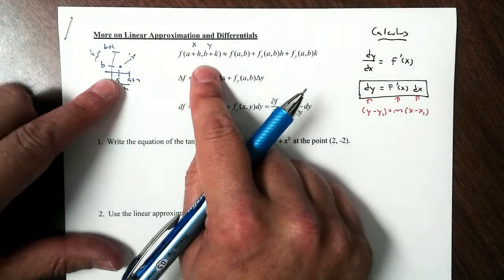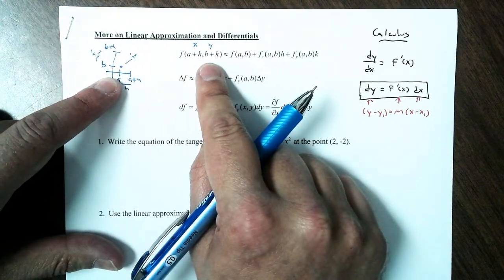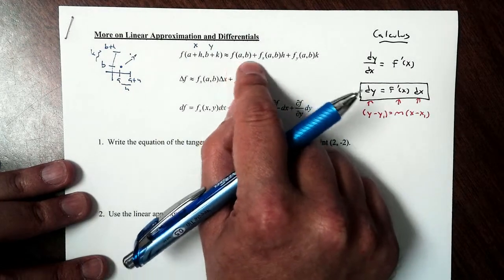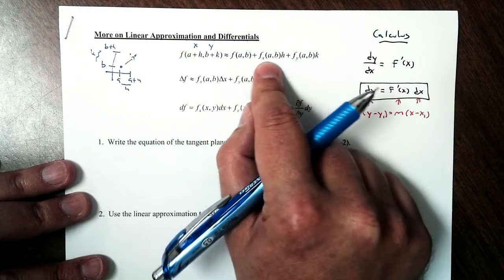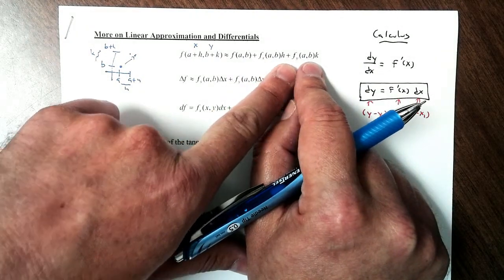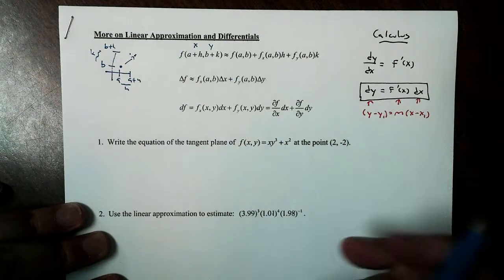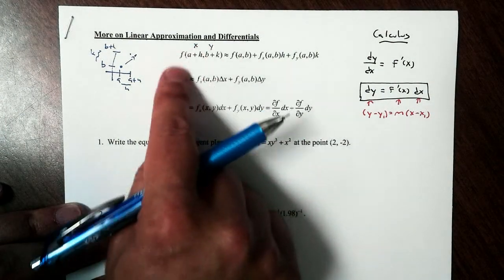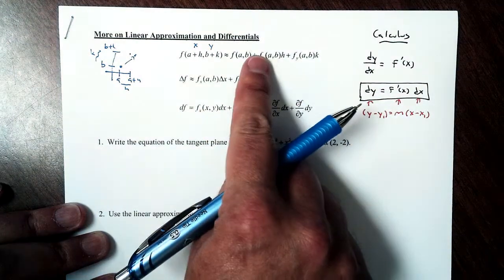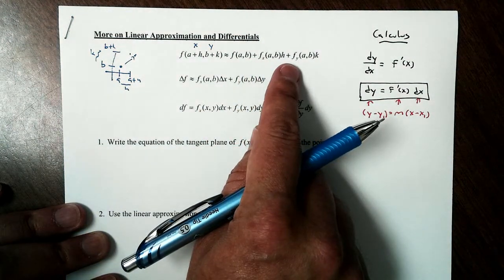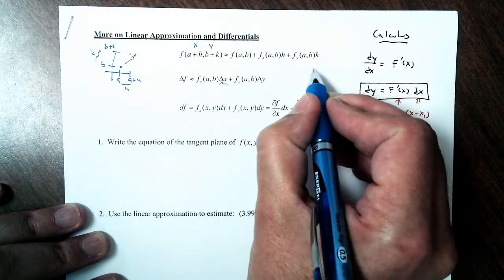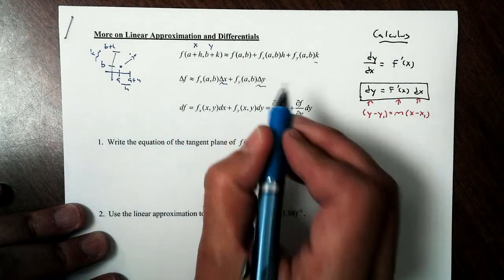And how can I write this equation as a tangent line? Well, we can approximate the values, and we did this earlier in the test. So we can find a point (a, b), plus the partial with respect to x times h, plus the partial with respect to y in the k direction. And we can simplify that a little bit. This is just a little bit of algebra, where this h is really just my change in x, and that k is really just my change in y.